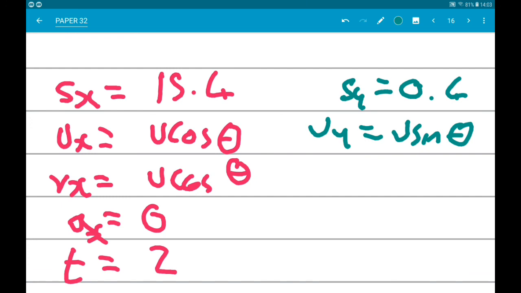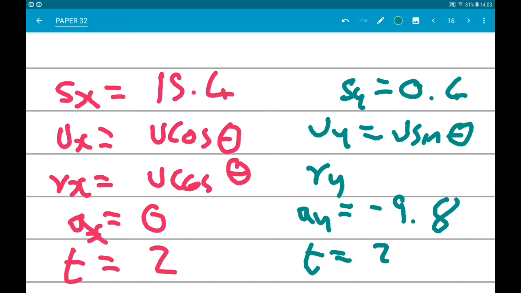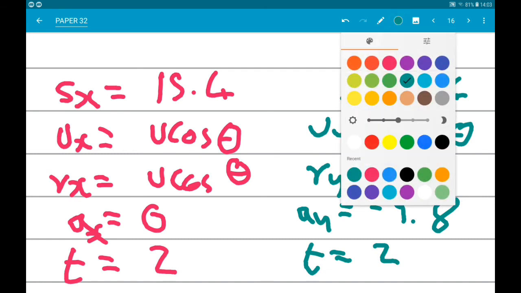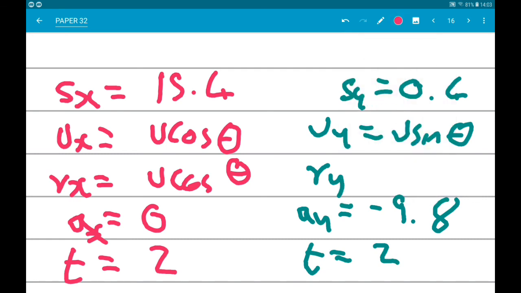We don't know the final. We know that a is minus 9.8. And again, we know t is 2.